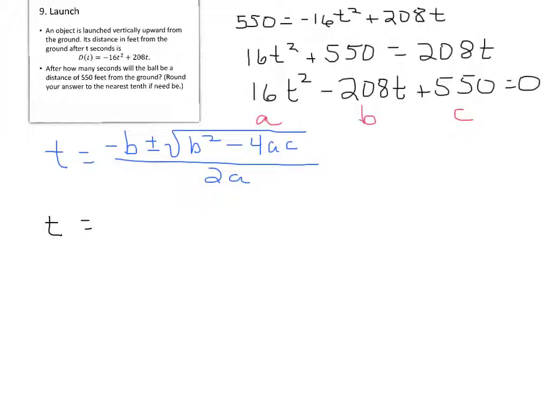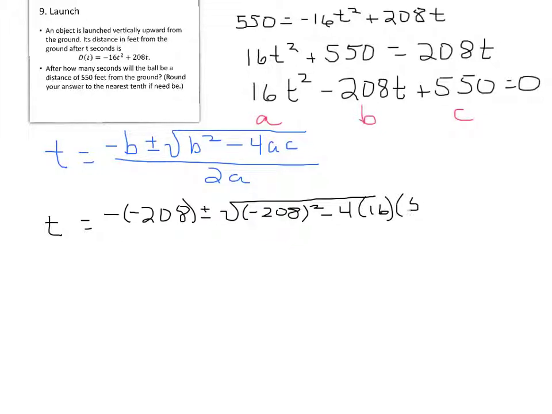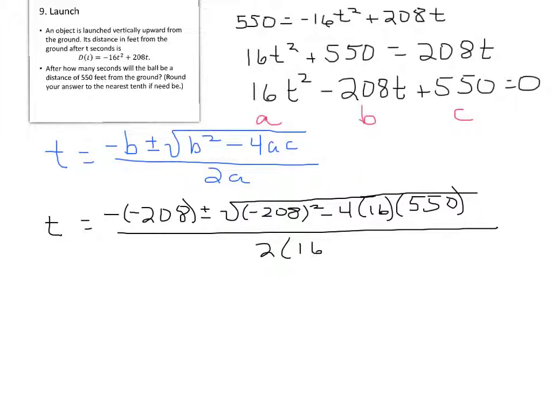B is negative 208, so negative b would be negative of negative 208, plus or minus the square root of negative 208 squared minus 4, A is 16 and C is 550. So we're dealing with some large numbers here. All of that over 2a, which is 16.